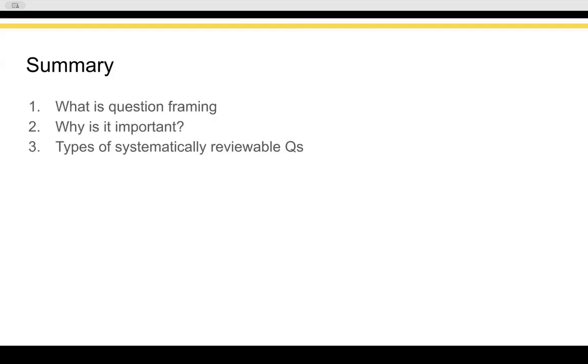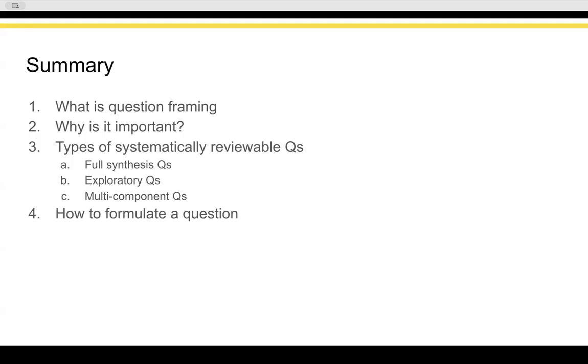But that was really a bit of a whistle-stop tour of question framing. We talked about what question framing is and why it's important. We've seen some types of systematically reviewable questions that involve full synthesis questions in systematic reviews and the exploratory questions starting off.